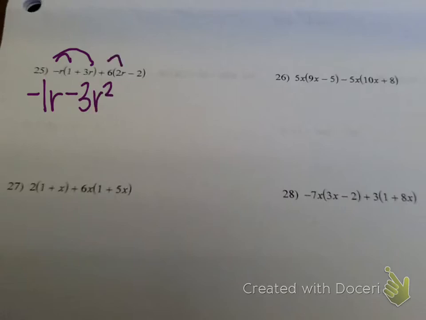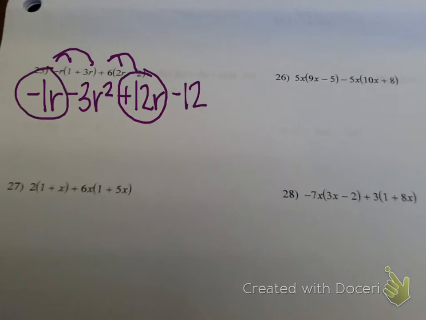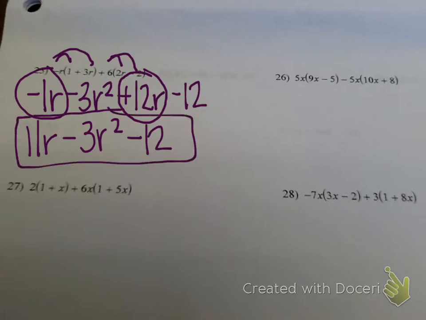And then I have 6 times 2r and 6 times negative 2. So 6 times 2r would be plus 12r, and 6 times negative 2 is negative 12. Then I have to look and see what I can combine, which is negative 1r plus 12r giving me 11r minus 3r squared minus 12. And there's nothing left in there I can combine because I have an r squared and just a regular number.